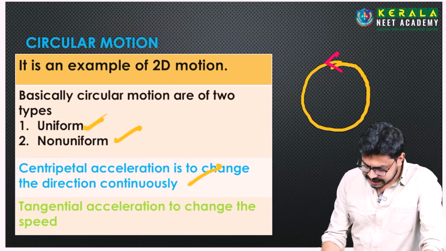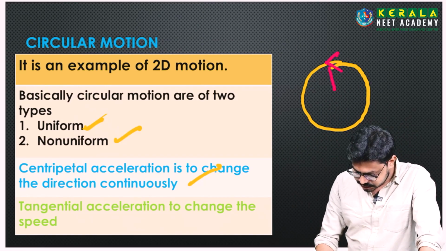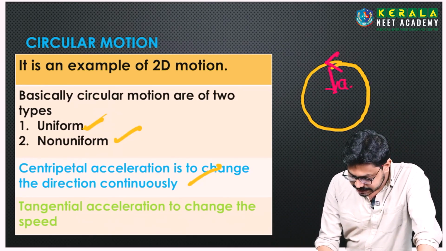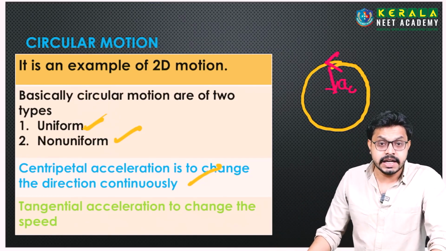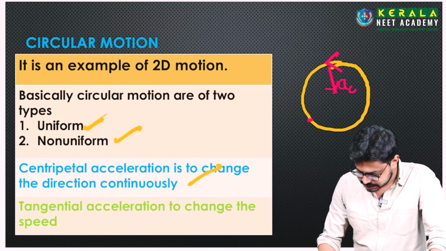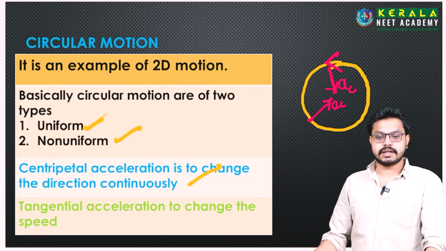So there is always an acceleration acting towards the center of the circular path. That is known as AC, the centripetal acceleration. Here you can see a centripetal acceleration towards the center, and here also.